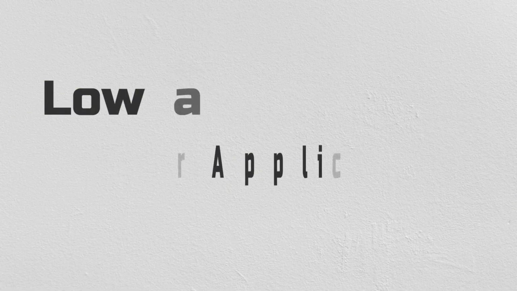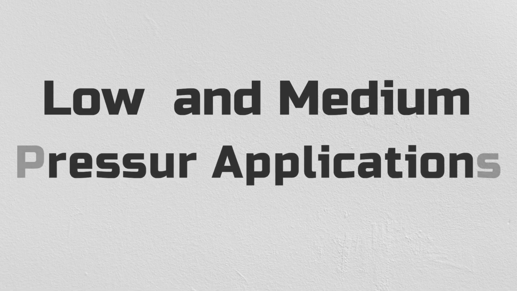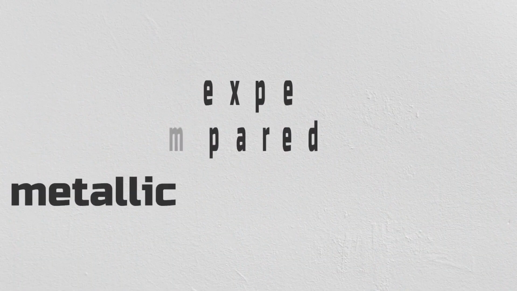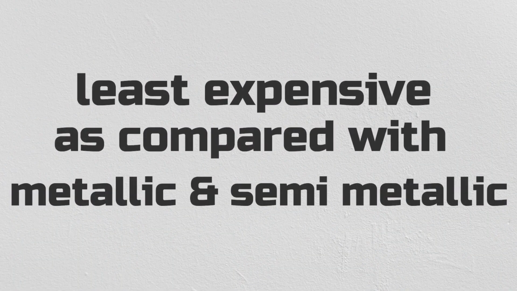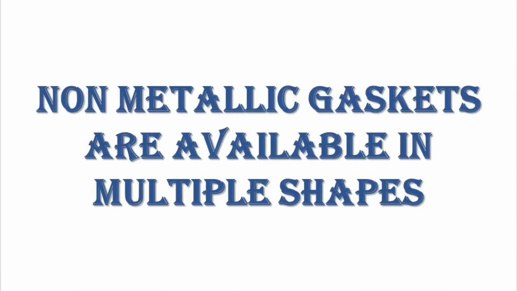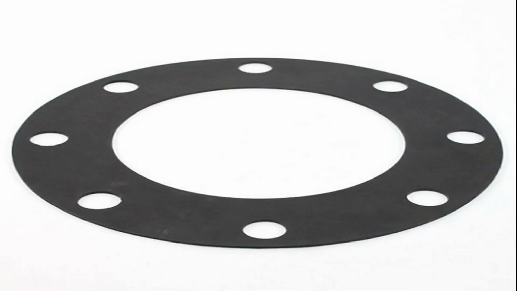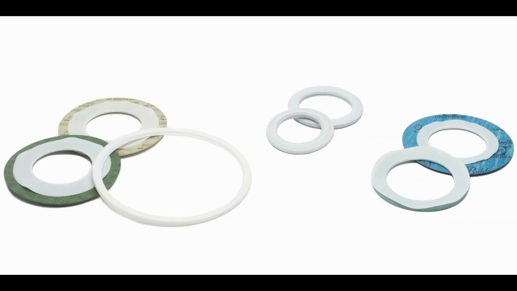Their use is generally limited to low to medium fluid pressure applications. Non-metallic gaskets are also typically the least expensive of the three gasket categories. Non-metallic soft gaskets are available as ring type, full face, and also in custom shapes for specialty flanges.